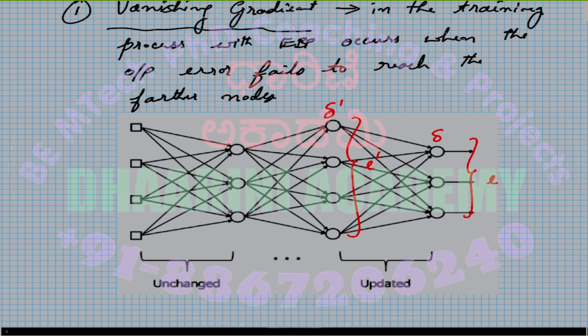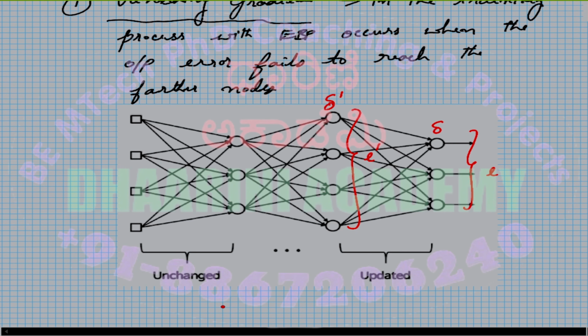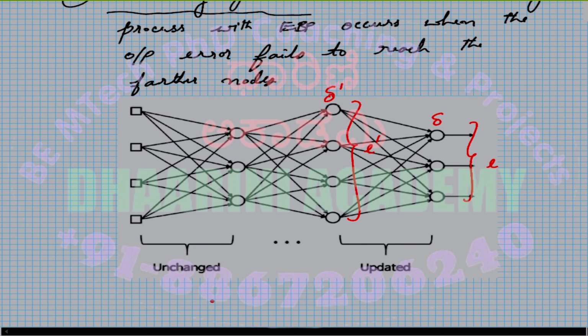So you see there is an equation, right? If you want to calculate the updated weight, what is the equation? Updated weight: wij is equal to old value wij plus delta wij, isn't it? Where delta wij is alpha into delta i into xj.